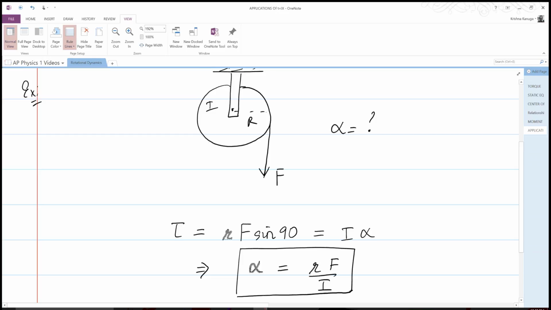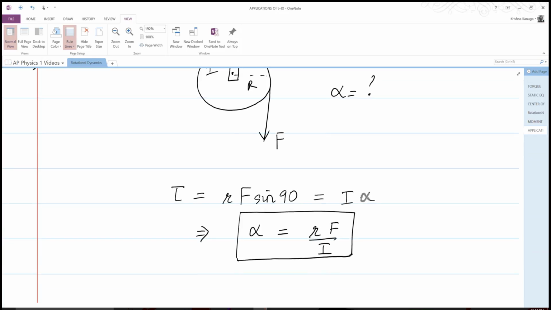However, understand the process of what happened here. Simply by using tau equals I alpha, we end up with the angular acceleration. Now, let's say instead of just asking for the angular acceleration, I also asked you for the acceleration of any point on the outside, on the surface of this disk, like the outermost part of the disk.